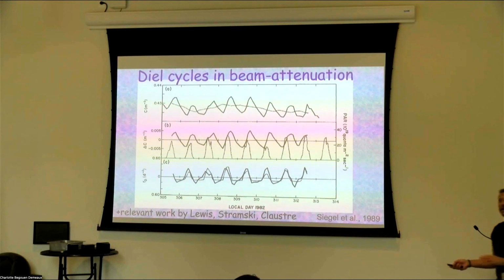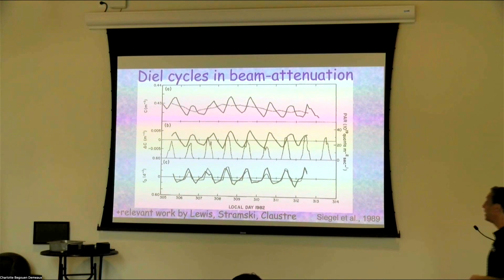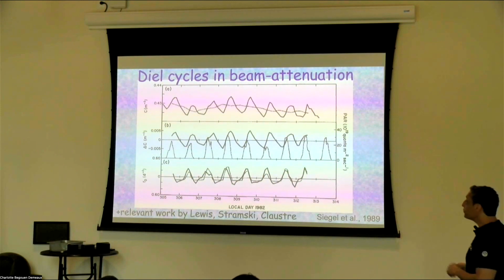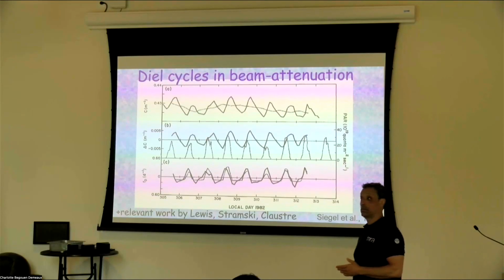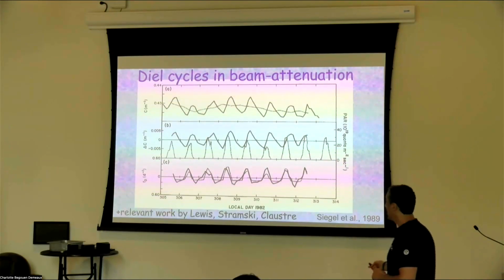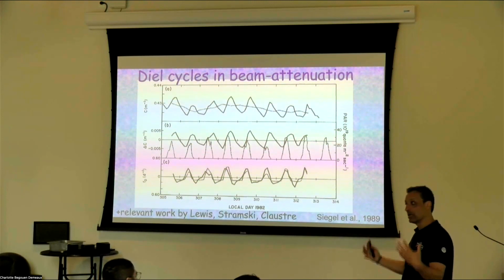Also, there are diel cycles in beam attenuation. Dave Siegel, Marlon Lewis, Clancy Cleese all have observed very nice diel cycles in beam attenuation, which they're now using to calculate things like net community production. You assume that at night it's lost to grazing, and during the day it's both grazing and growth.